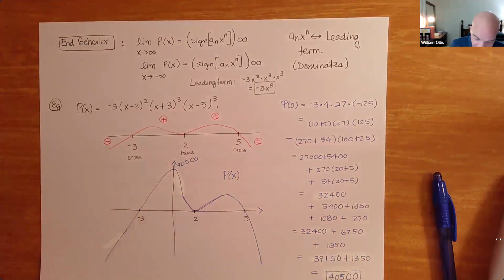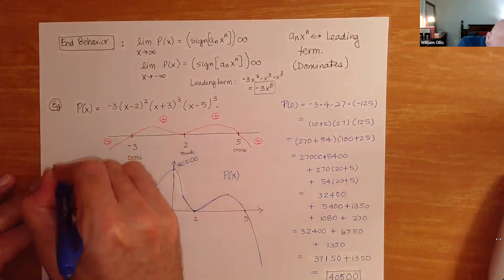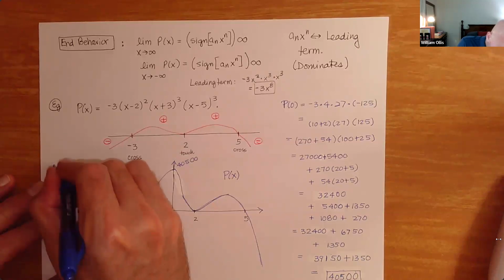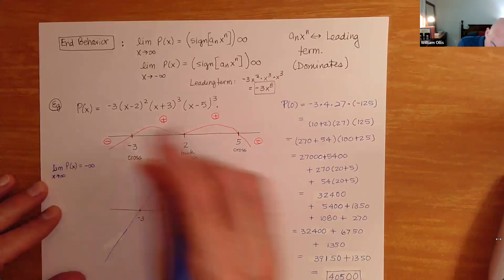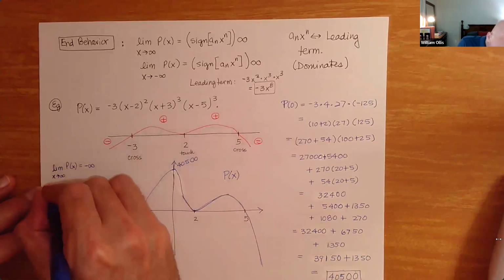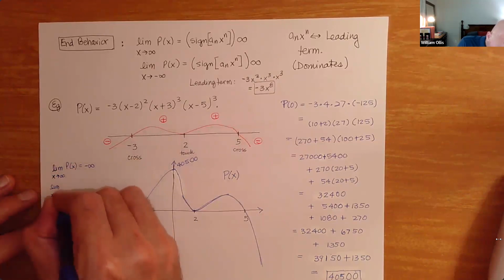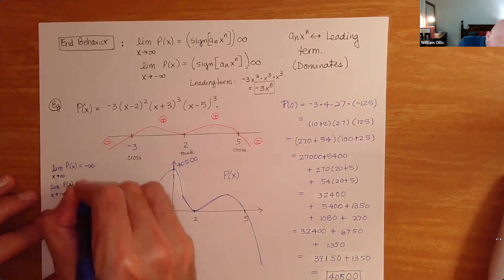So we can just state here that the limit as x approaches infinity of our p of x is negative infinity, as we've already established, and the limit, just using the limit notation, as x approaches negative infinity of p of x would also be negative infinity.